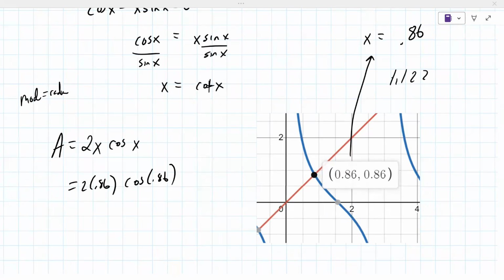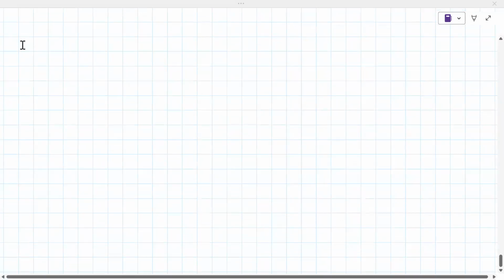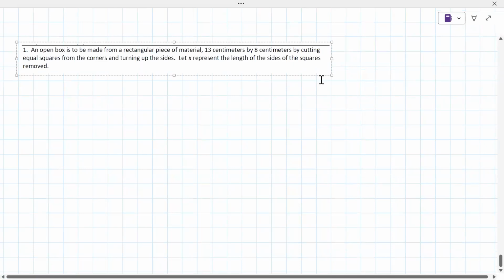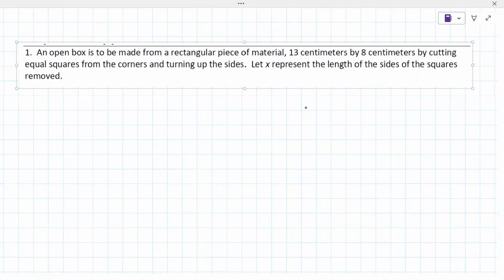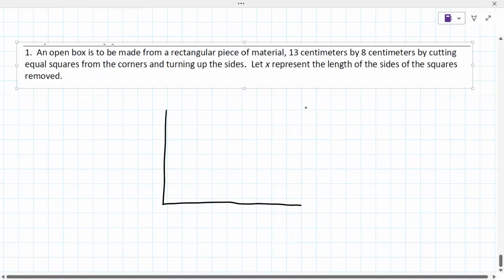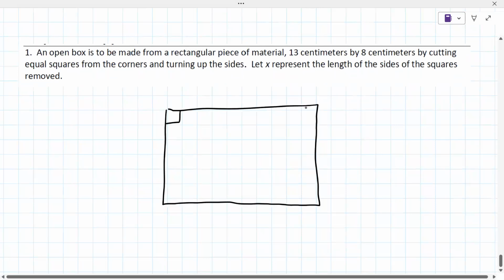Okay. Let me give you a problem to try. It's something we haven't tried yet. This is an open box problem, and you're cutting out squares from each corner.